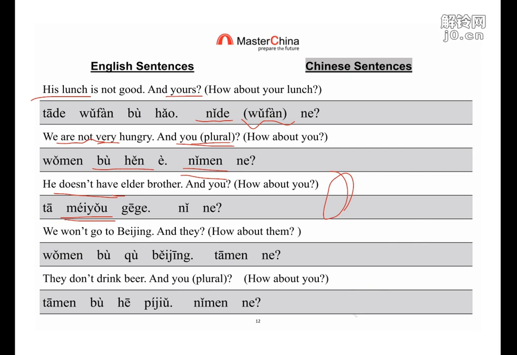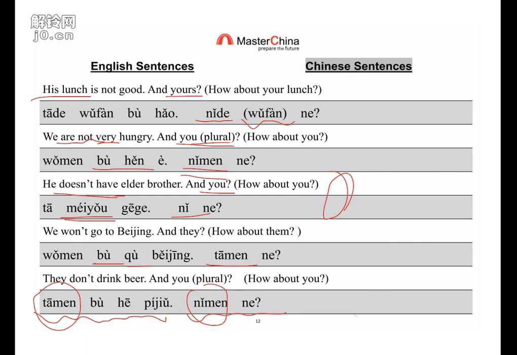Of course, this happens because you just follow this 不 and you didn't realize suddenly you should use 没有. 他没有哥哥，你呢? Next one. 我们不去北京，他们呢？他们不喝啤酒，你们呢？他们，你们。Okay, so we have learned these two types of questions. It's not so difficult, right?